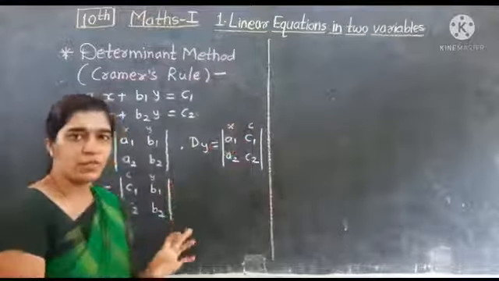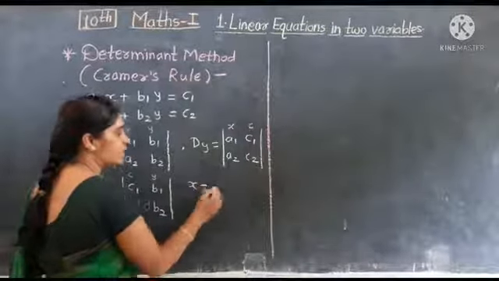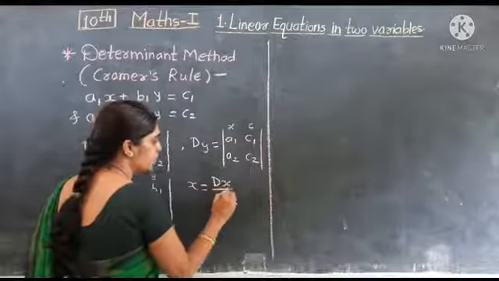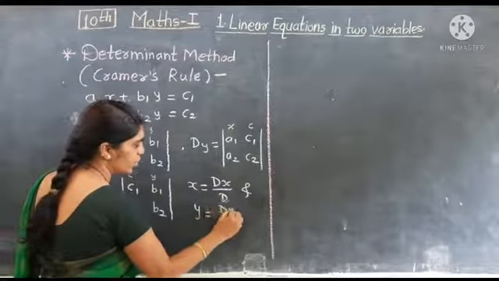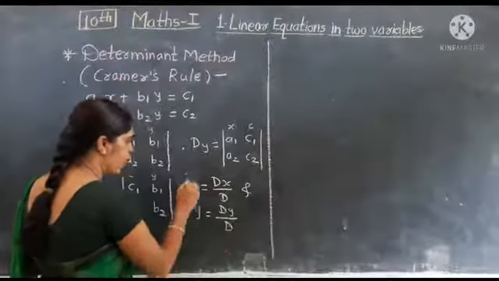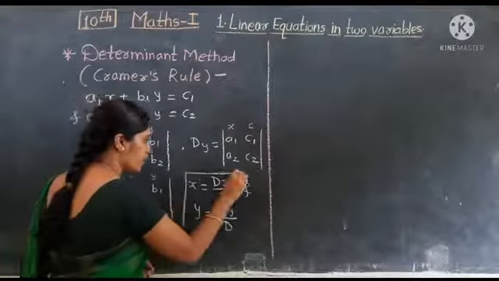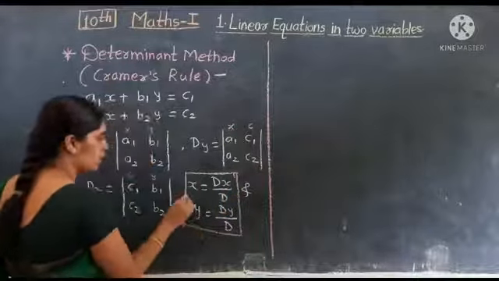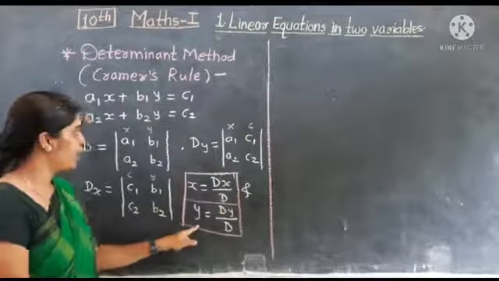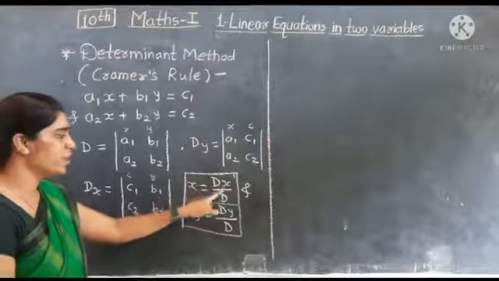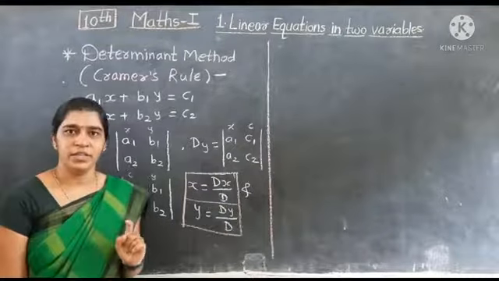So he derived the formula x is equal to Dx upon D and y is equal to Dy upon D. According to this formula, you can find the values of x and y.